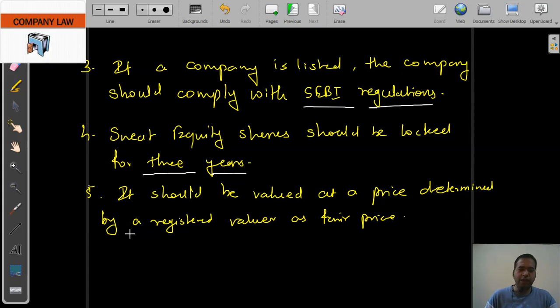He has to provide the justification why he has arrived at that particular fair price. When the valuation of the IPR, or intellectual property right, or any kind of know-how or value additions, for which the sweat equity shares are going to be issued by the company, is to be made, it again shall be carried out by the registered valuer only. He should provide a proper report when the shares are issued for non-cash.